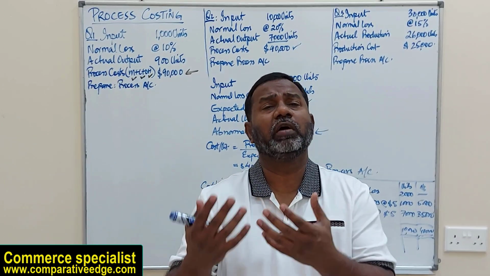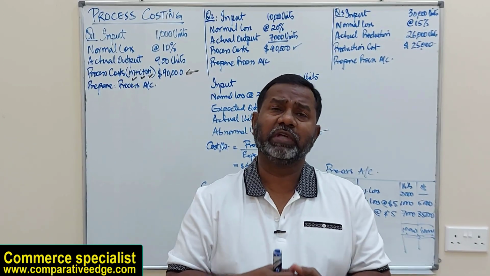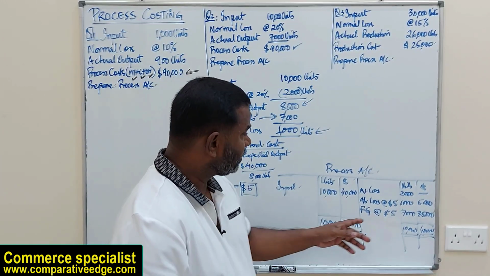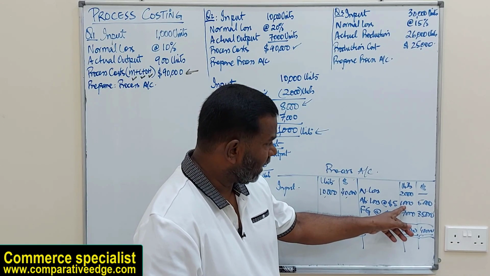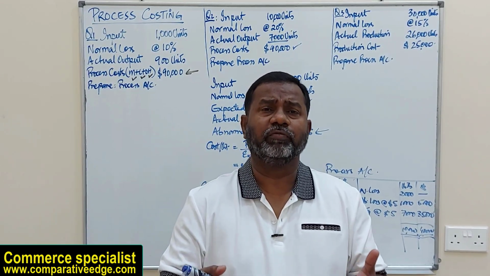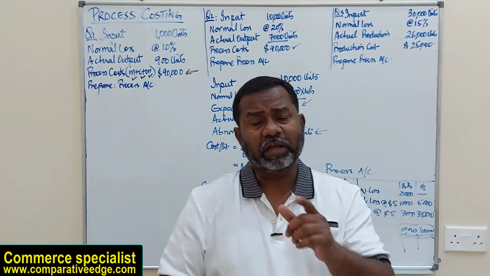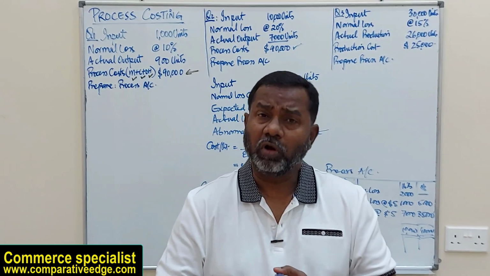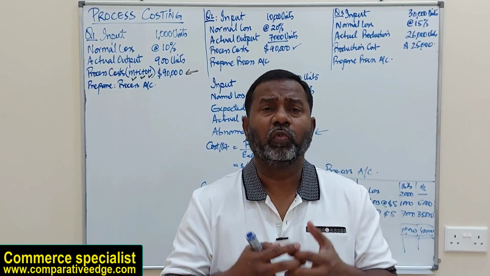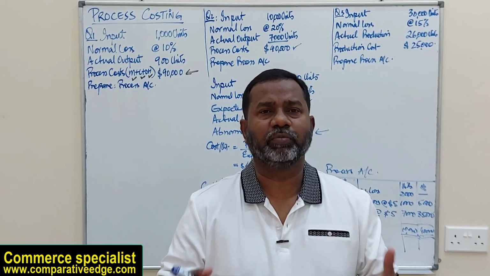And when we claim our loss, they will always ask us, what is the value of your loss? So we lost 1,000 units abnormally and they are valued at 5,000, and this is the amount which we want to claim from the insurance company. But normal loss is a loss for which insurance claim is not possible.